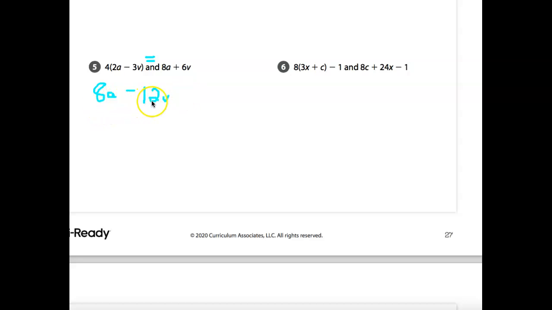So 8a minus 12v is not equal, and we show that by putting the equal sign and a line through it. Okay, is not equal to 8a plus 6v. They are not equal. Okay, so the answer here is no.